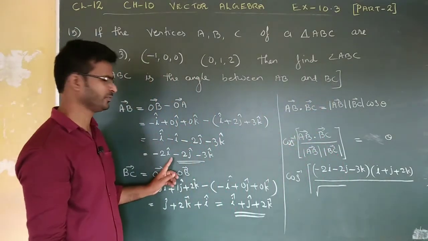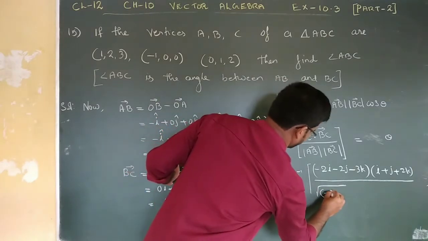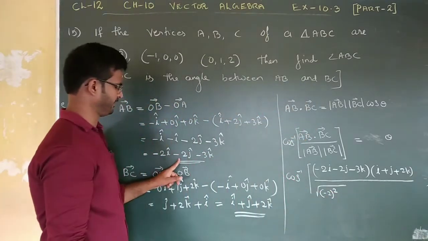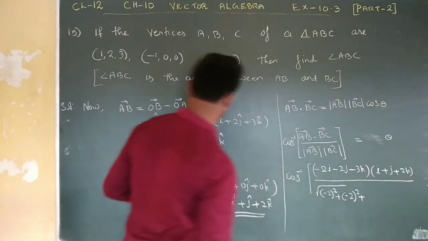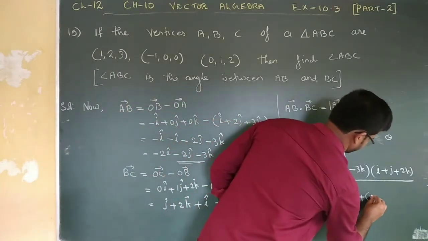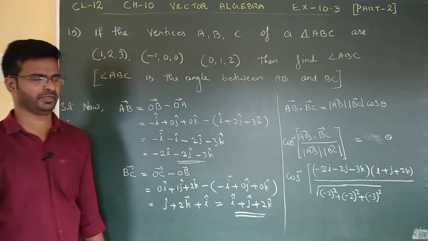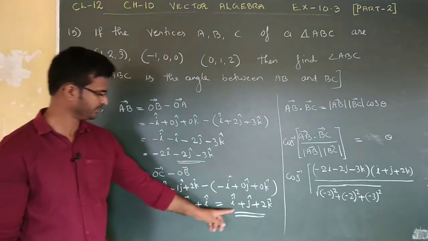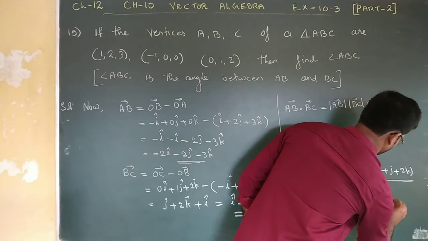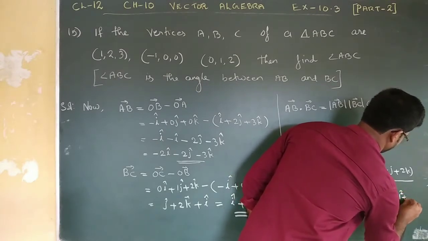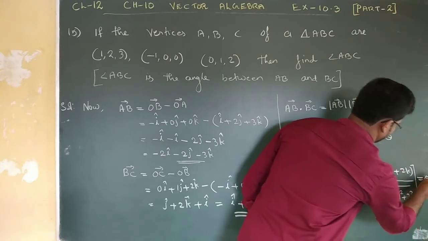Find the magnitude of the first vector, that is minus 2 square, minus 2 square, again minus 2 square, then last minus 3 square. This is the magnitude of AB vector. Then magnitude of BC vector, this one: square root of 1 square plus 1 square plus 2 square, equal to the angle theta.